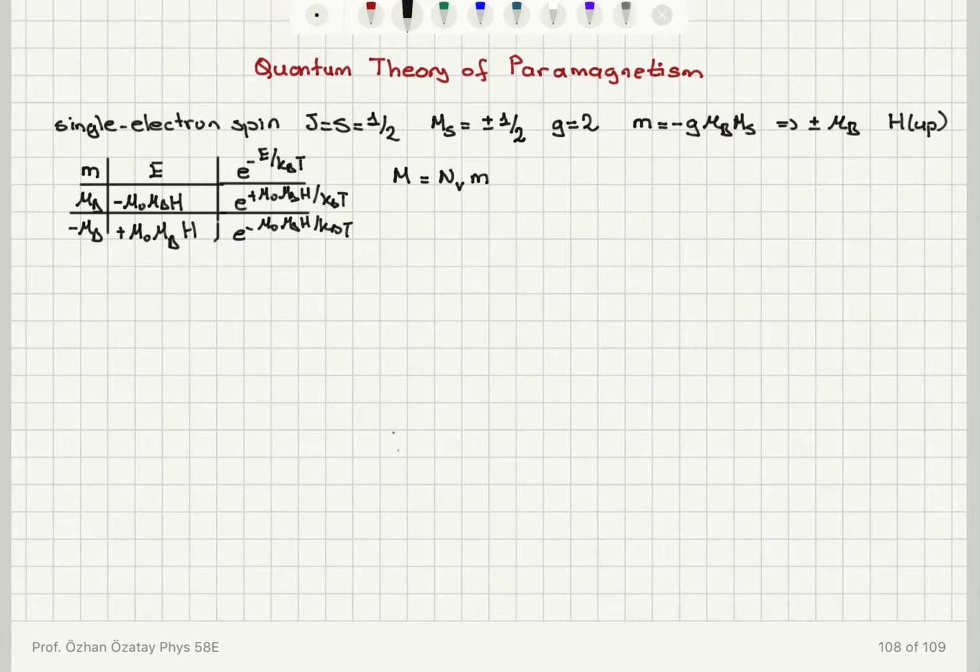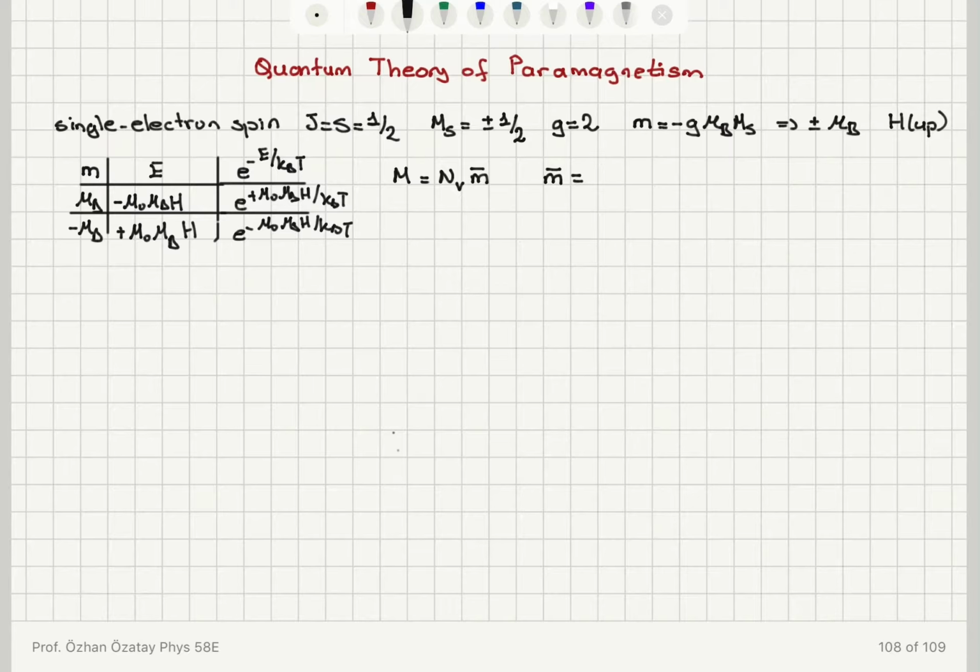m. So this is going to be equal to, for an m value, we can consider the average value, m bar, will be equal to the value of m multiplied by its corresponding probability.